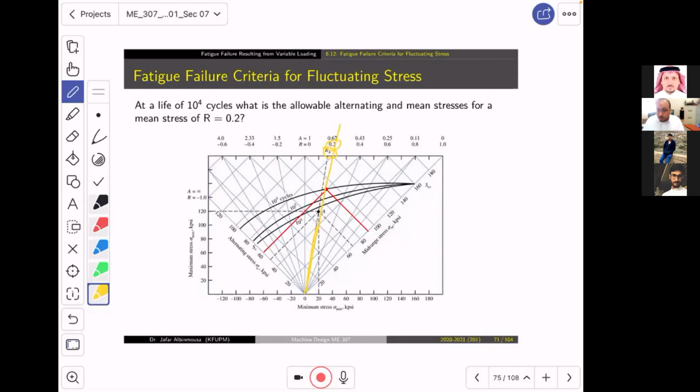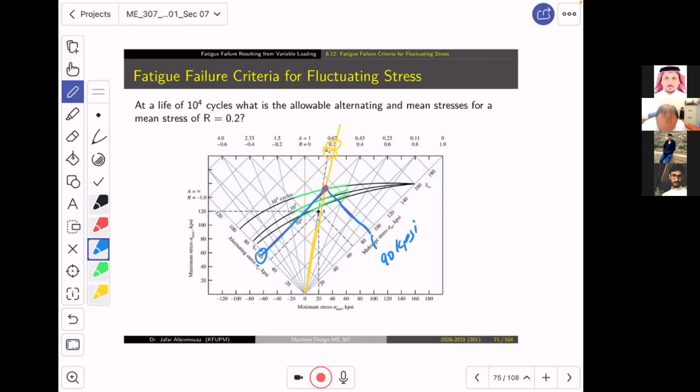At R ratio 0.2, the line would intersect 10 to the power 6, 10 to the power 5, and 10 to the power 4. Once I know I want this point, what needs to be done? This and this. So we know the mid-range is 90 ksi, and the amplitude is 60. Do this, you get what you want.